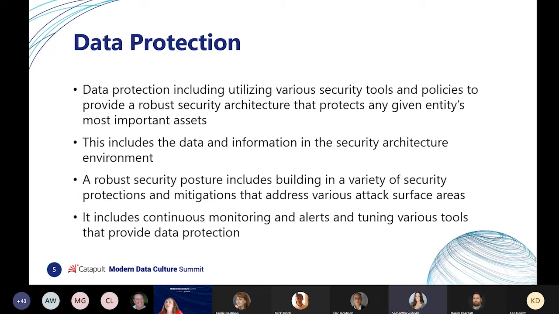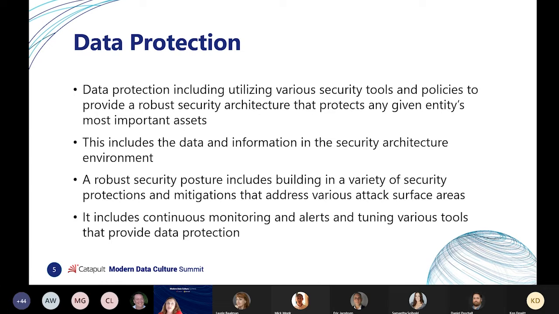So again, in terms of data protection, obviously we're going to, again, take a look at any given organization, understanding what's your most important and sensitive data, and then again, understanding the large picture with it, as well as, of course, understanding that we're wanting to architect various types of security protections for the various attack surface areas for the data.